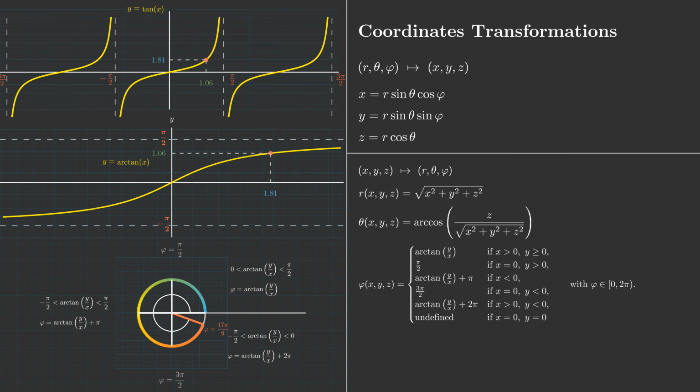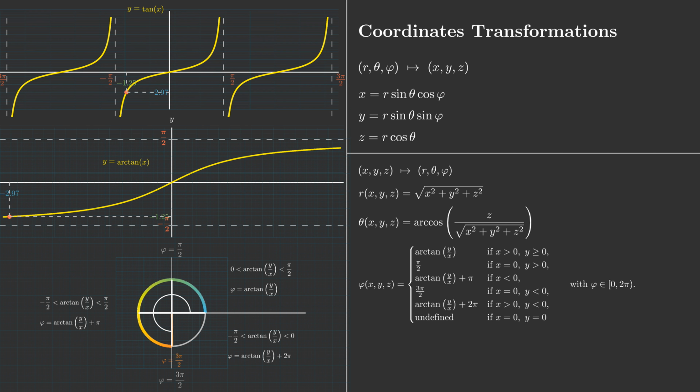In the second and third quadrant, where x is negative and y is arbitrary, we add pi to move the angle into the pi half to 3/2 pi interval and extend the first quadrant definition by setting phi to be equal to the arctangent of y over x plus pi. Similarly, on the negative y-axis, we set phi to be 3 pi over 2.